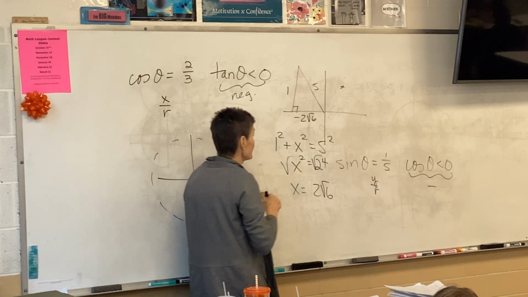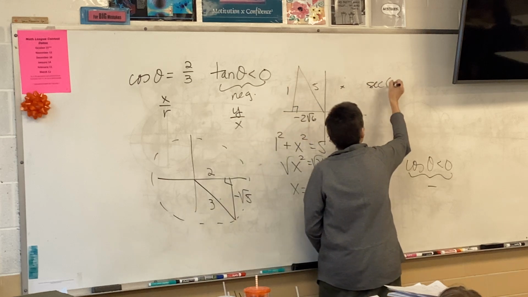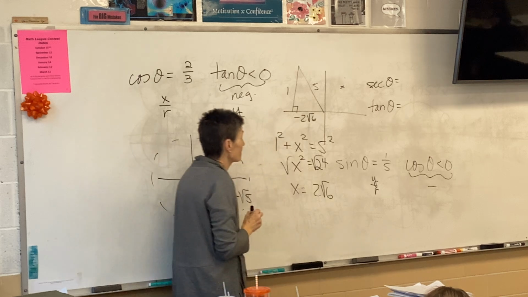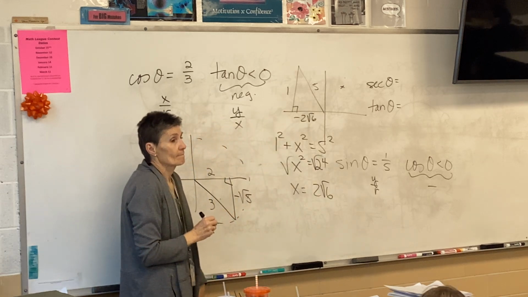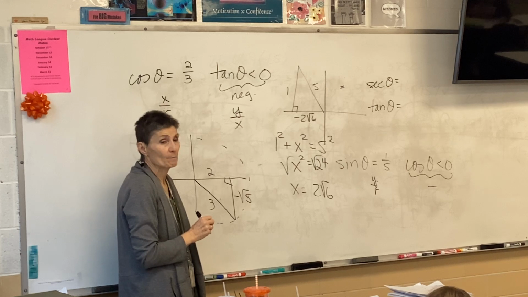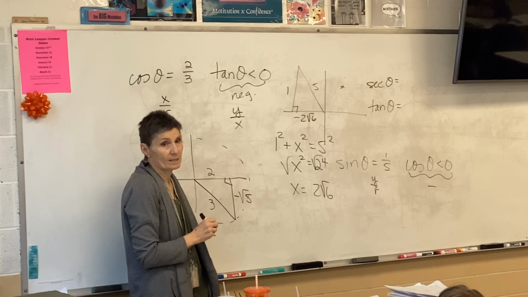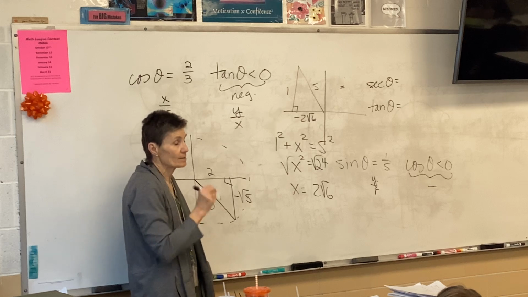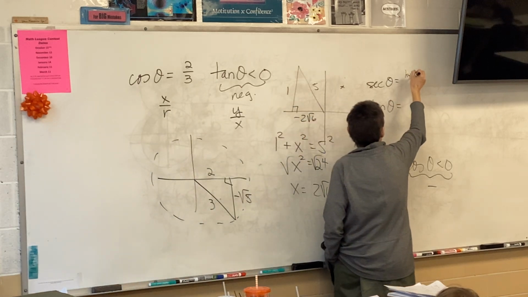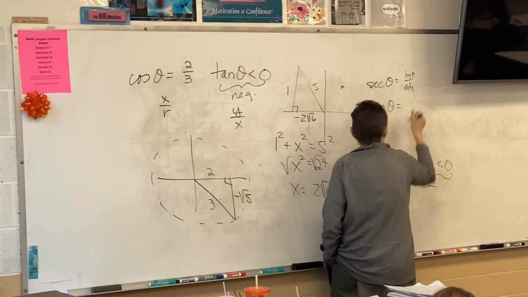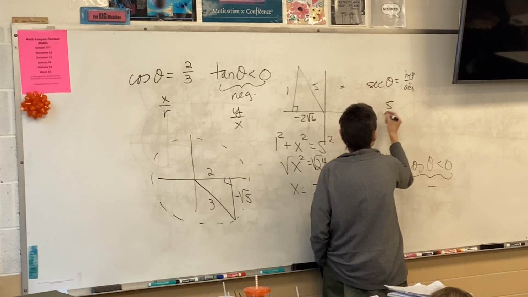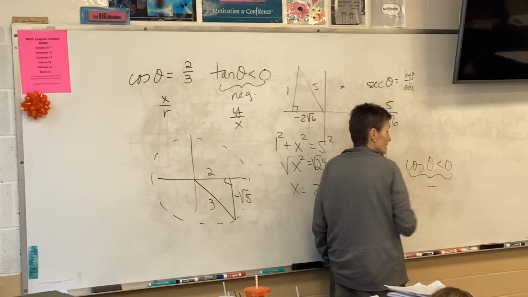I want the secant and the tangent. So secant, reciprocal of cosine. Cosine is adjacent over hypotenuse, so this will be hypotenuse over adjacent, which is 5 over negative 2√6.